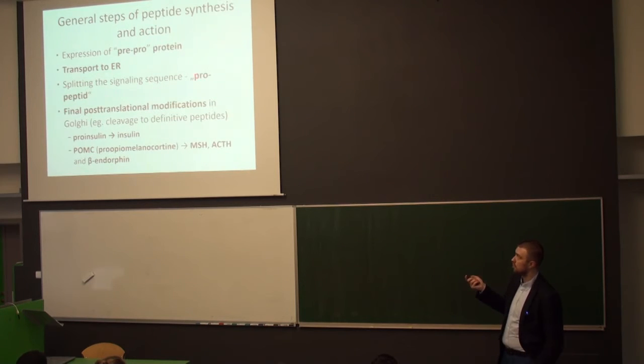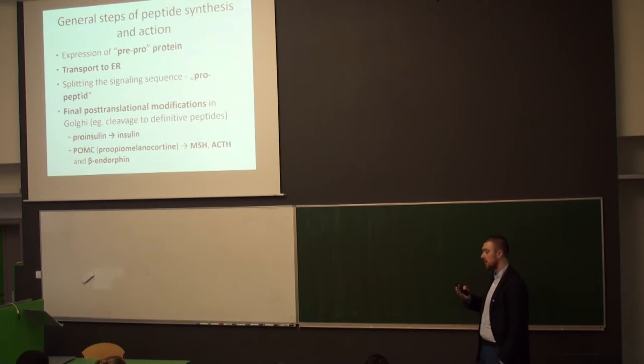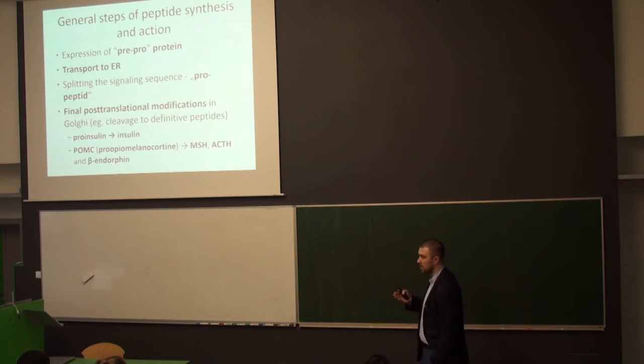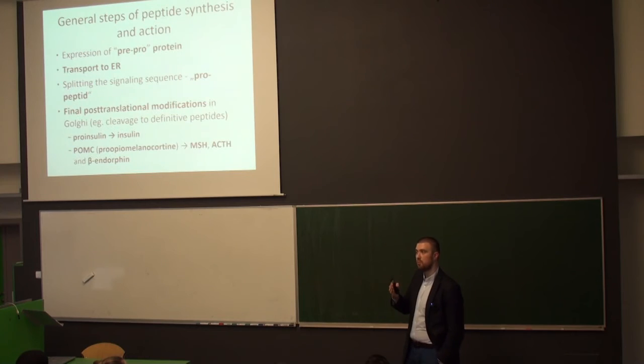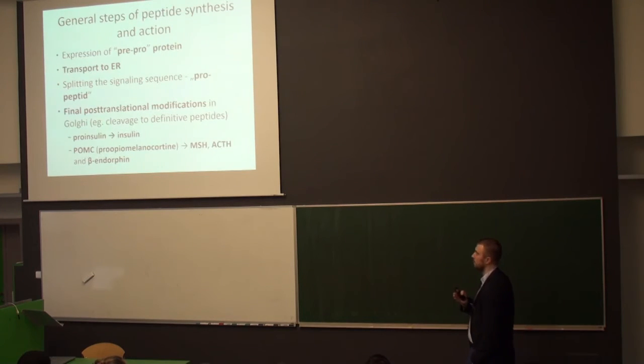Sorry, you have only propeptide. That means prohormone. And we can say proinsulin. So splitting off the signaling sequence in the endoplasmic reticulum will remove the first prefix, the pre.